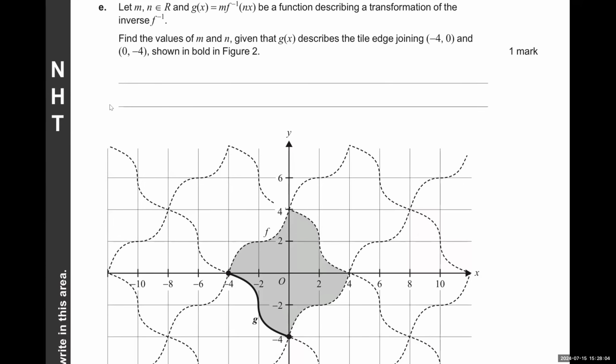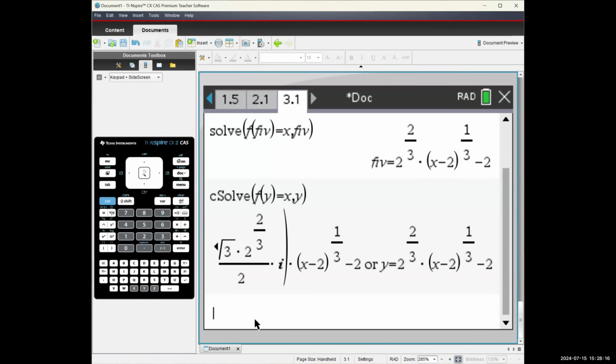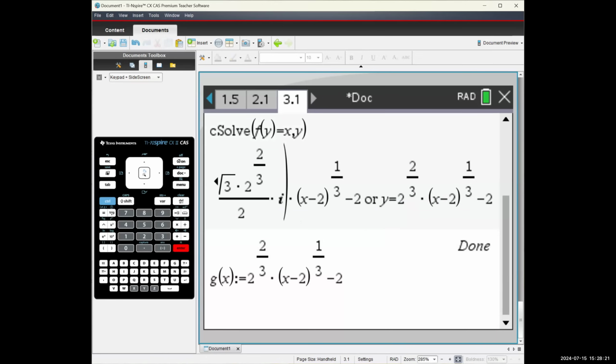So I think if I define the function here, I just need to choose y minus 1 for this function. Let's call this one g of x, assigned to that, okay?